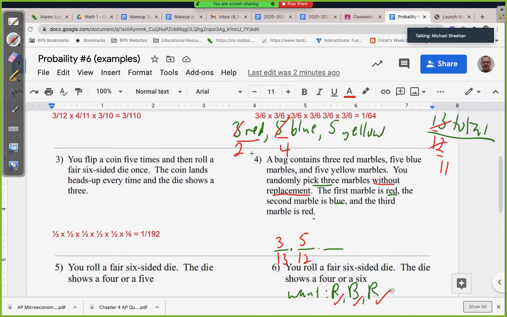So I look, well, there's only 2 red marbles left out of 11 marbles in the bag. And if I was going to keep going, I'd cross off that 2 and make it a 1. All right. So this is what I want to enter in: 3 out of 13 times 5 out of 12 times 2 out of 11.